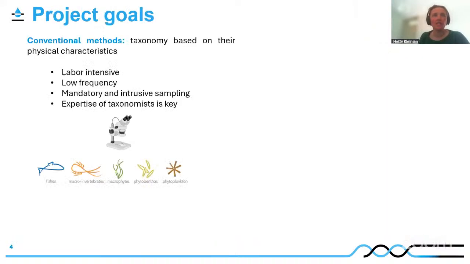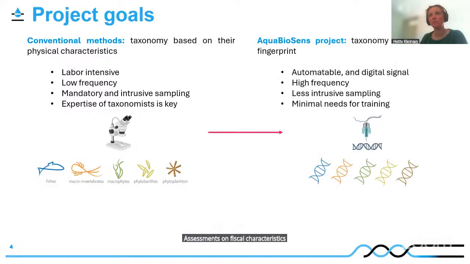Yes, like I said, what we aim to do is to move from more conventional methods based on assessment of physical characteristics to identification of biodiversity based on DNA fingerprints.